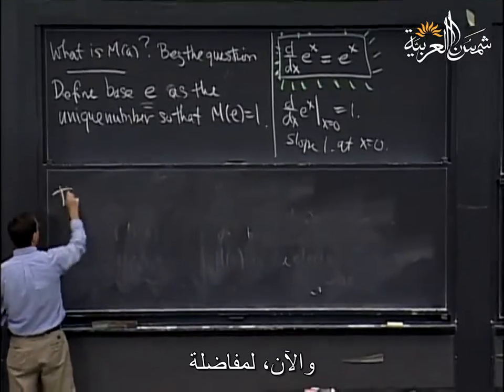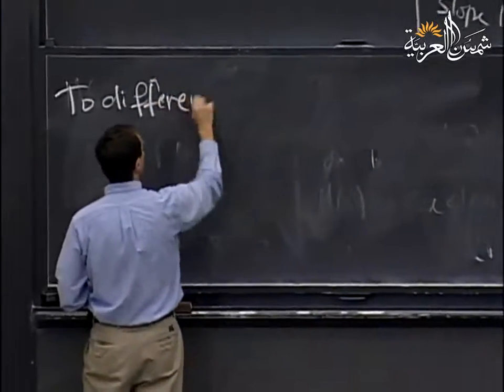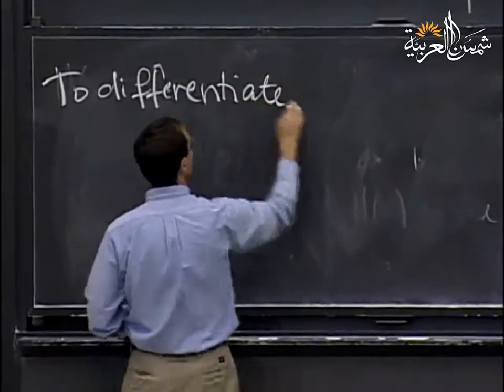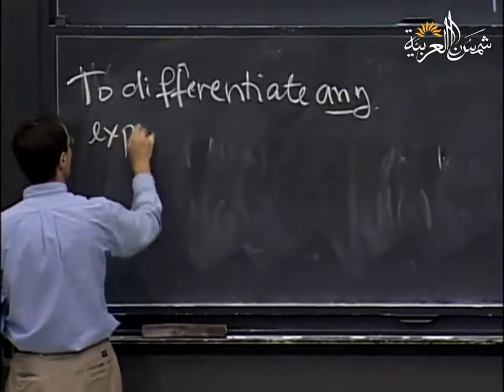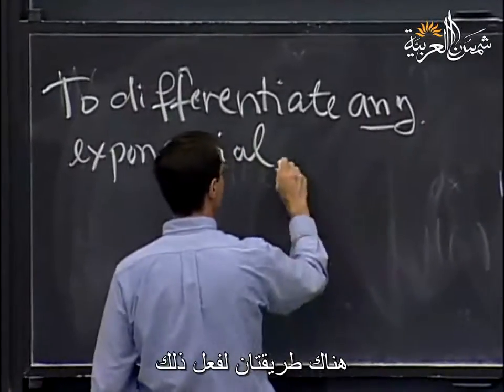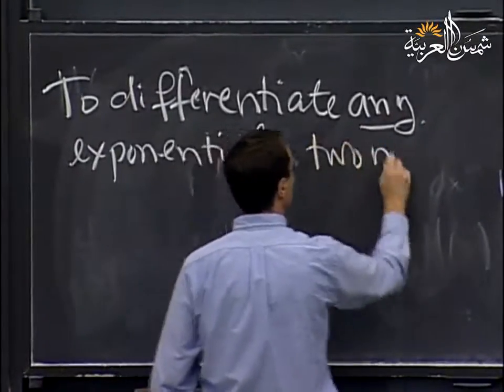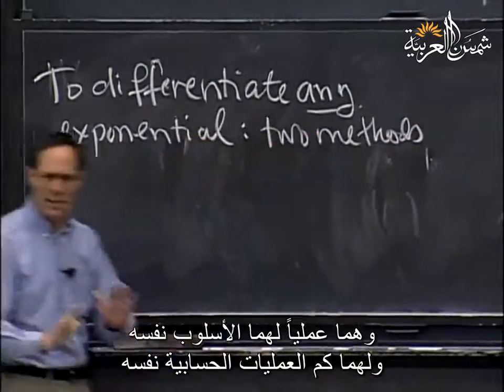So now, to differentiate any exponential, there are two methods. They're practically the same method.